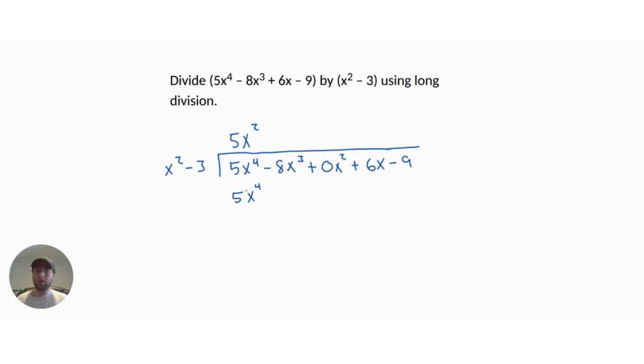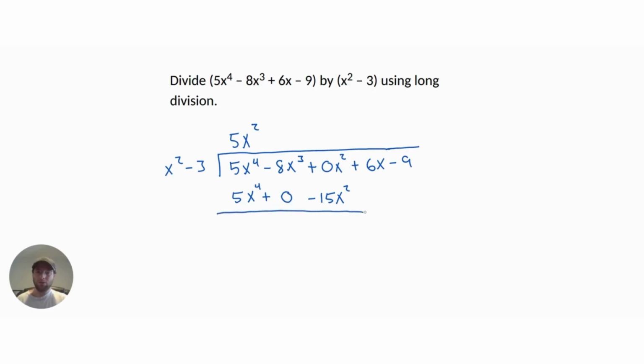So 5x squared times x squared gives 5x to the fourth, and then 5x squared times negative 3 will give us a negative 15x squared. But we want to be careful and line that up with our degrees in the dividend. So let's write that right here. And then let's fill in this space with a 0.